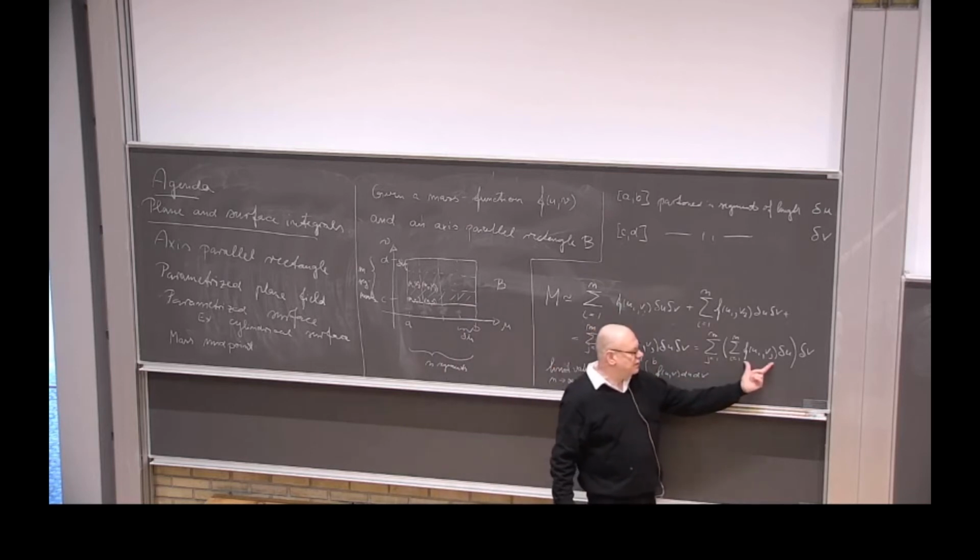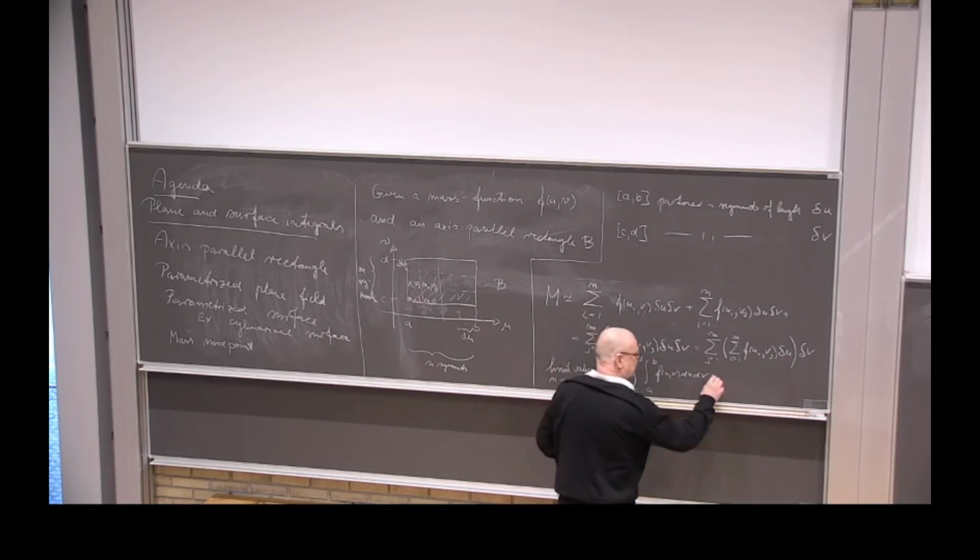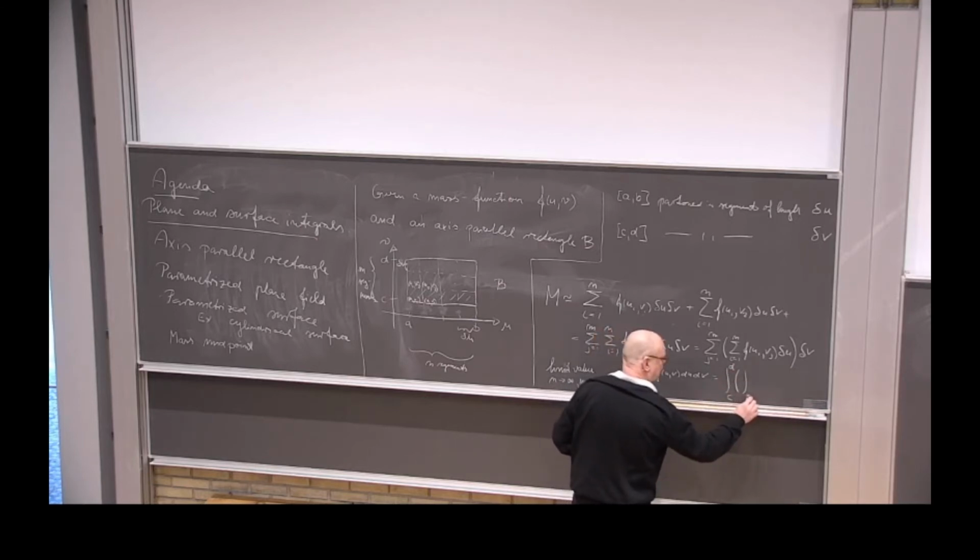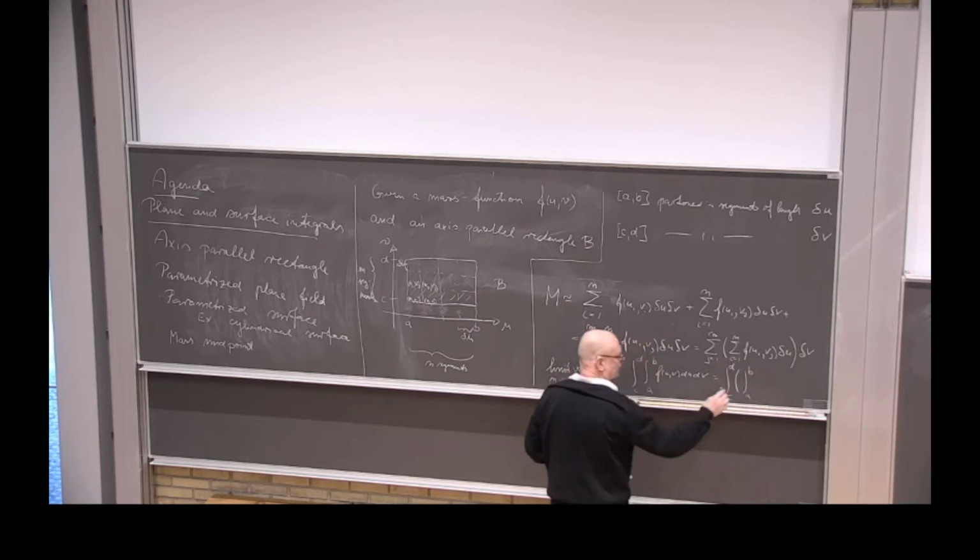So what you have here is just a left sum of this function for a given j value, but this is the definition of a single integral with respect to u. So I could write this as the integral from c to d, and then the integral from a to b.